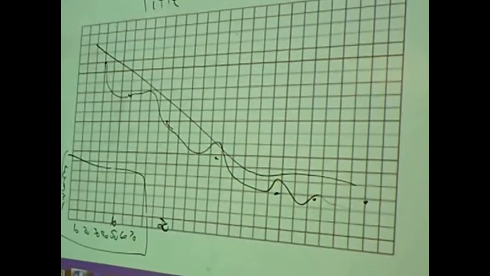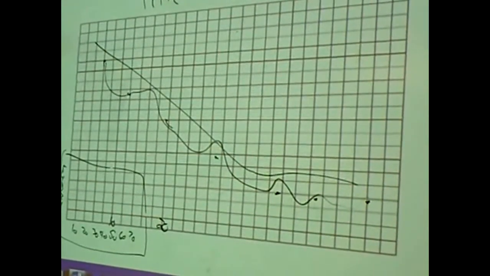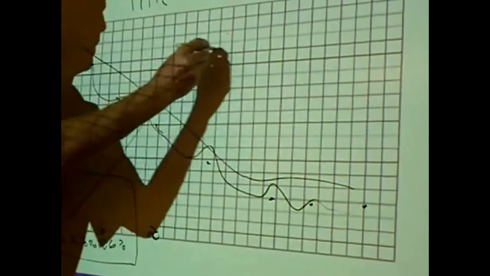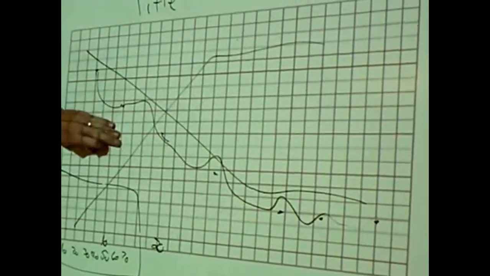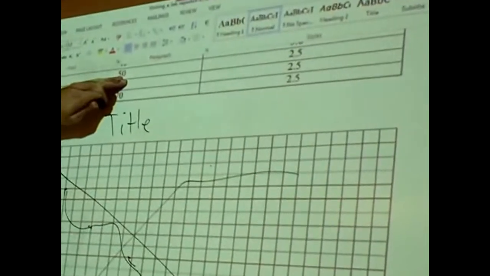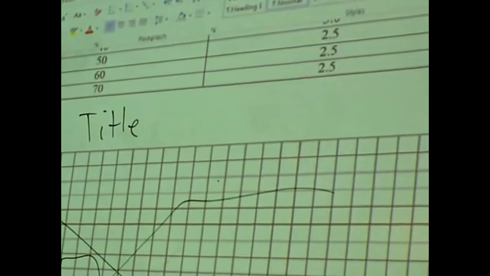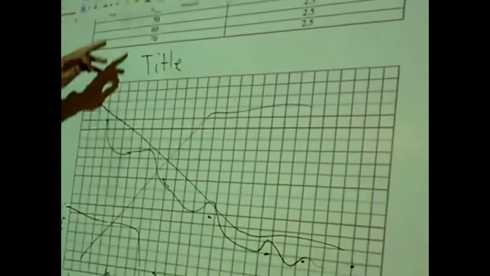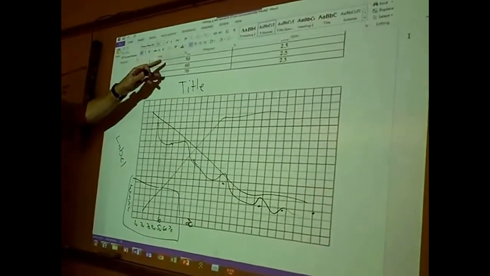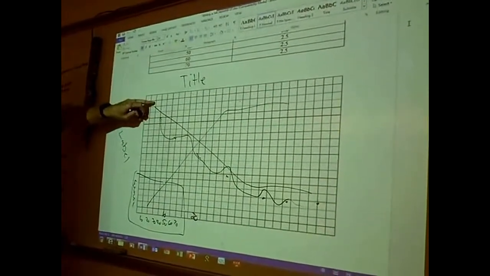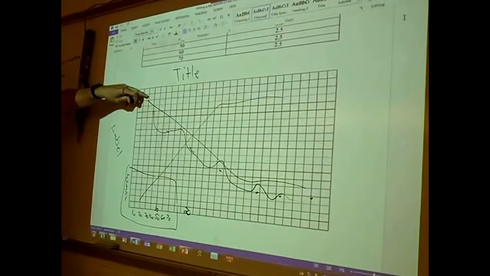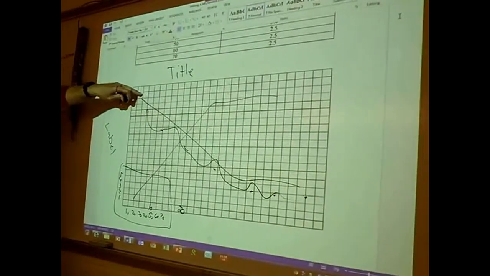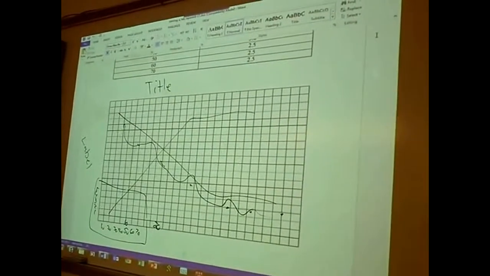It wasn't as bad in this class, but there were some classes where people actually had their line going here, like that, which has nothing to do with our data table. Because 10 minutes was at 5 as a measurement, which is all the way up here. So I don't know how they got their 10 way down here. Does that make sense? But again, most of you guys did a very good job.